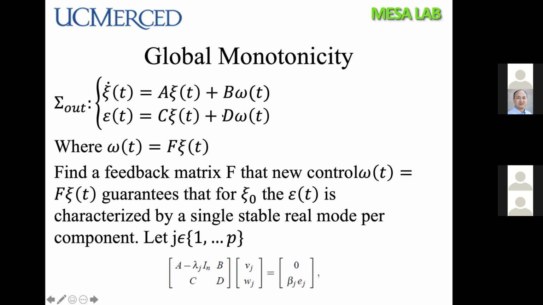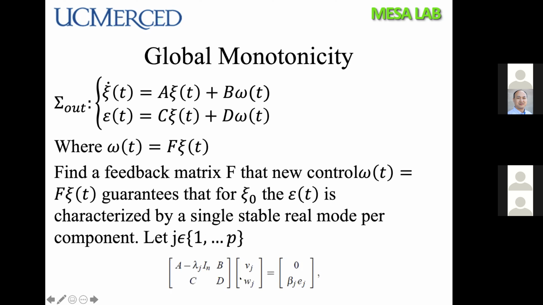The task is now to find the feedback matrix F, the control omega(t) equals F x(t), that guarantees, for every initial condition x0 belonging to X, that the checking error epsilon(t) is characterized by a single stable real mode per component. Let j belong to 1 until p, and let lambda_j belong to the eigenvalues of the matrix.